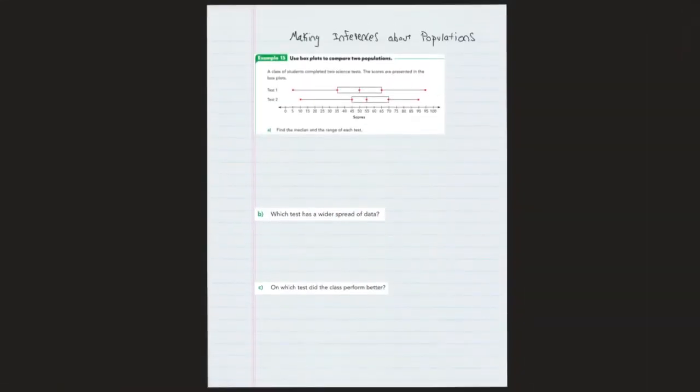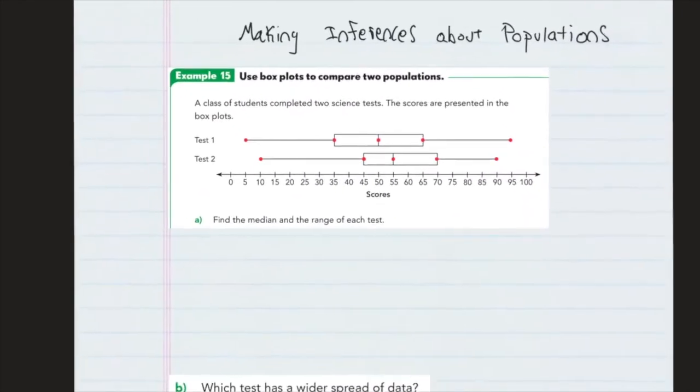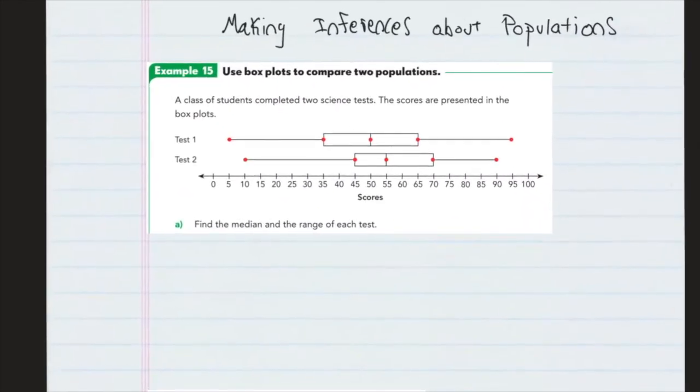So for this example, we are given a class of students that completed 2 science tests. The scores are presented in the box plots, and we're going to find the median and the range of each of those. So again, we can set up categories: test 1, test 2.